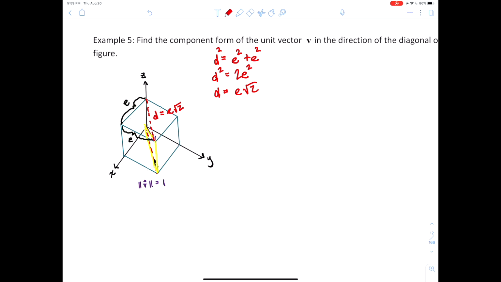Now, we're going to utilize that fact to solve that triangle, right? That has that right angle. And so here, remember that down here, this is also d.